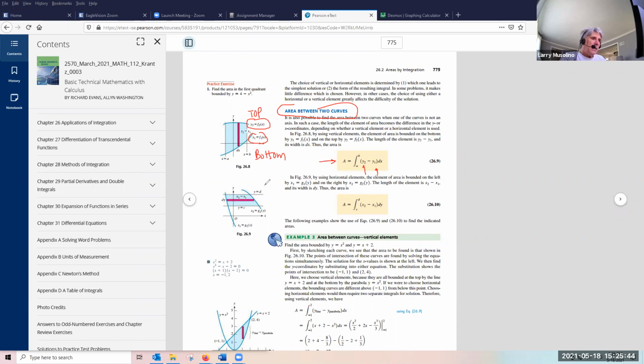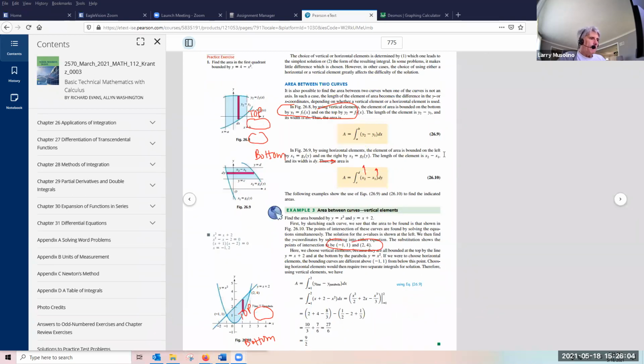And so let's take a look at this, and you'll notice here's a nice worked out example down here. In this worked out example, you could see this is the top curve, y equal x plus 2. And here is the bottom curve, which is y equal x squared. So again, I always have to make sure I recognize what curve is on top and what curve is on bottom.